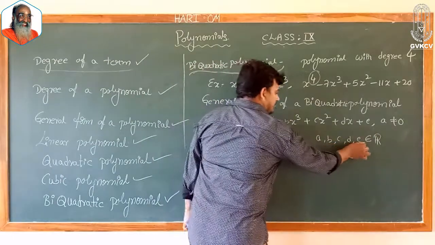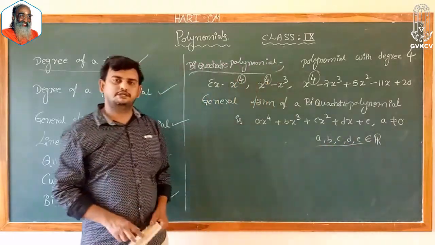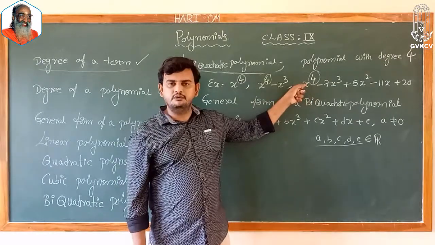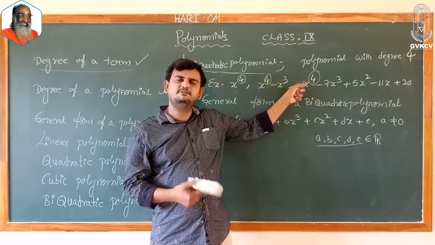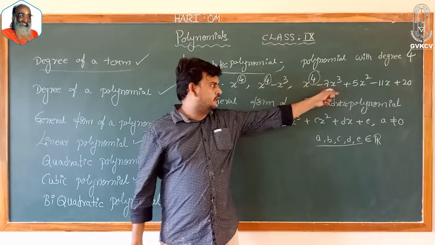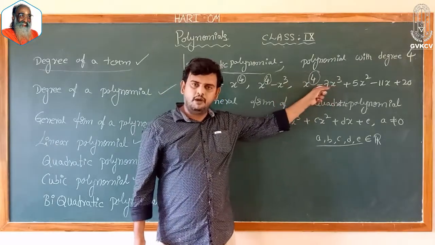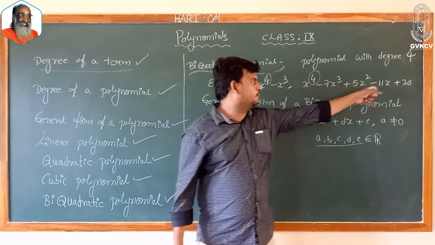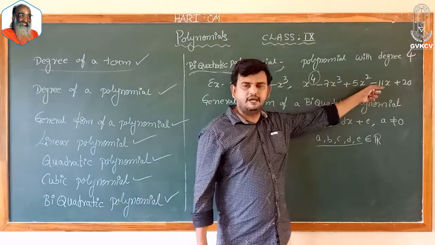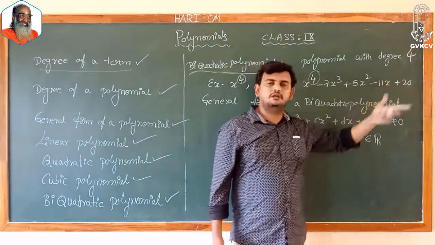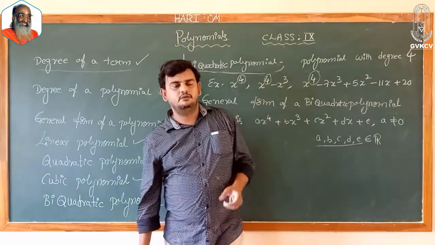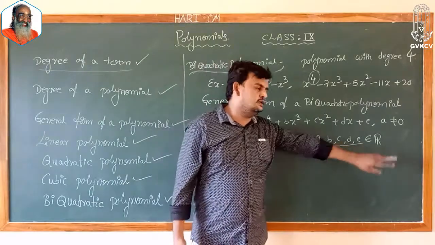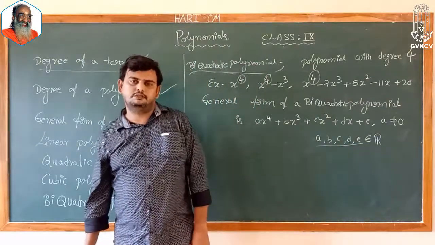These are coefficients and constants. Here x power 4, what is its coefficient? Nothing is there, so by default you have 1. The coefficient of x cube is minus 7. The coefficient of x square is plus 5. The coefficient of x is minus 11. And here 20 is the constant. So a, b, c, d, e are real numbers.